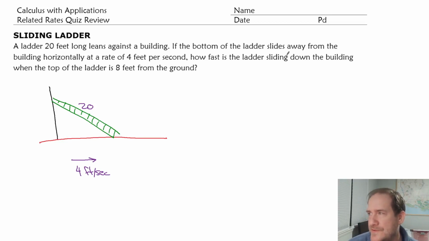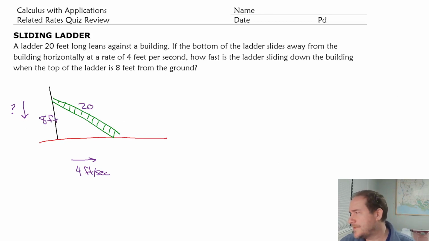It says, how fast is the ladder sliding down the building? That's the thing we're trying to solve for, that rate of change there. And it says when the top of the ladder is 8 feet from the ground. So when this dimension is 8 feet, we want to find that rate of change.